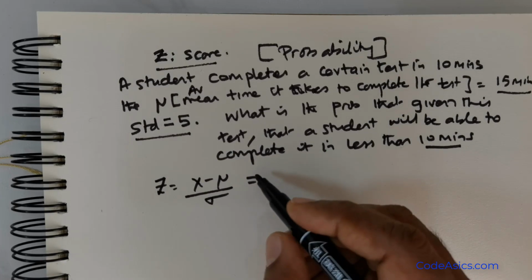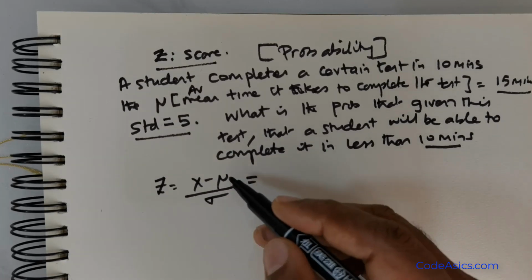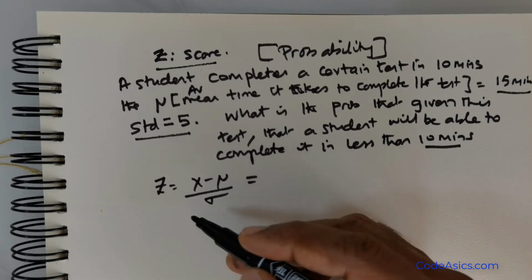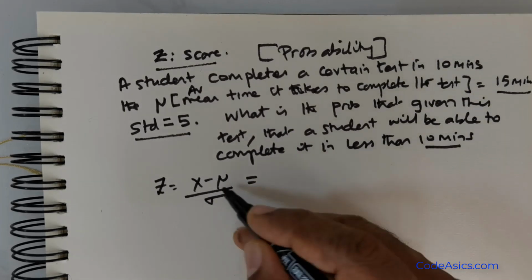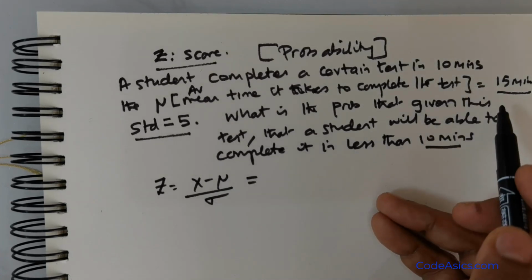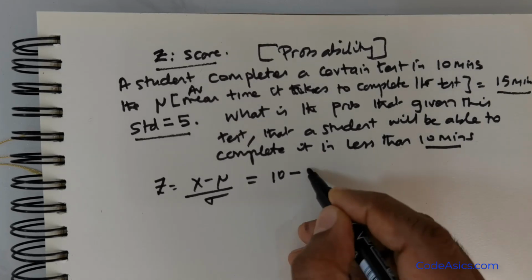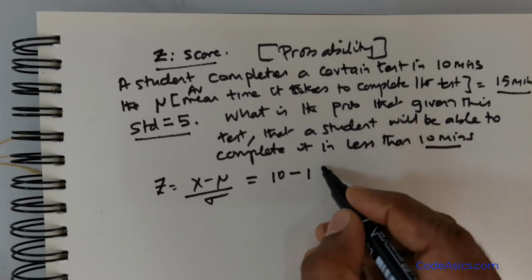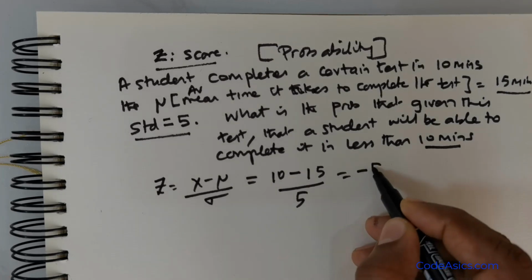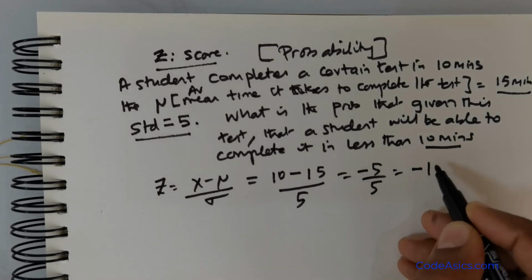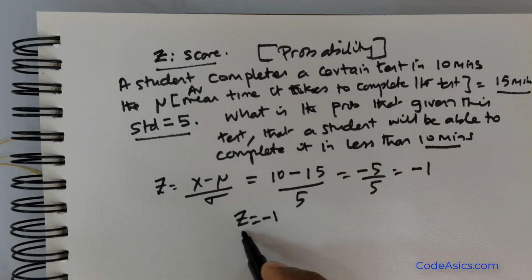But just because the mean is for the sample, it doesn't mean you cannot use this formula. You can use the same formula. Only thing is that instead of mu you just put x bar. So the observation, x is 10 and the mean is 15, divided by standard deviation 5. So this is going to be negative 5 divided by 5, which is equal to negative 1. Okay, now z-score is negative 1.